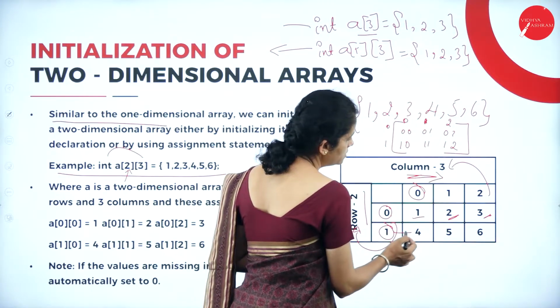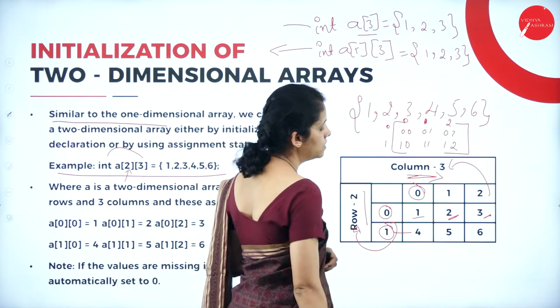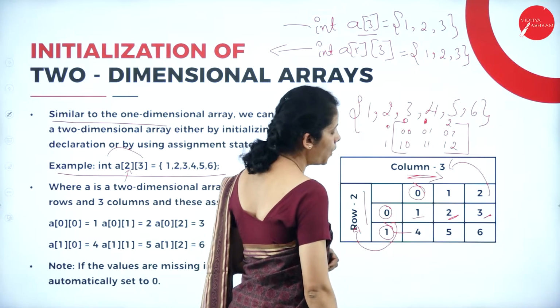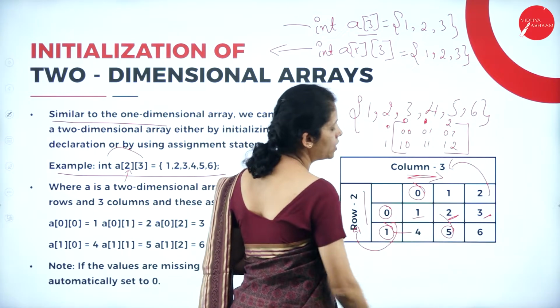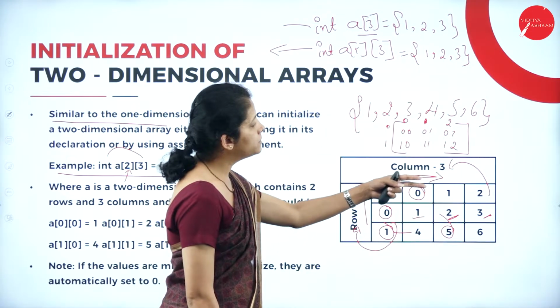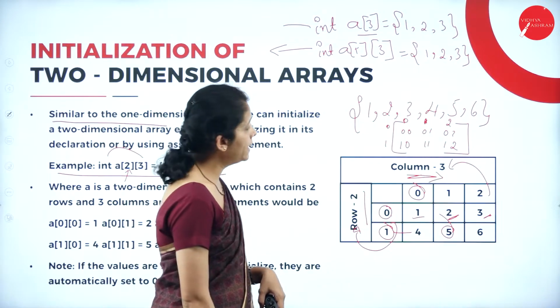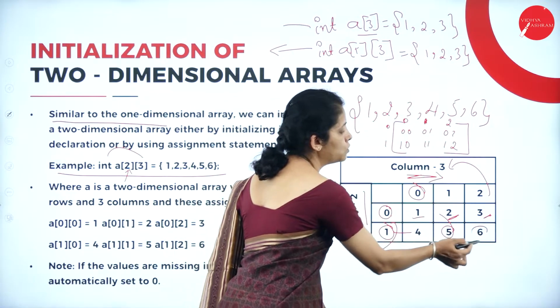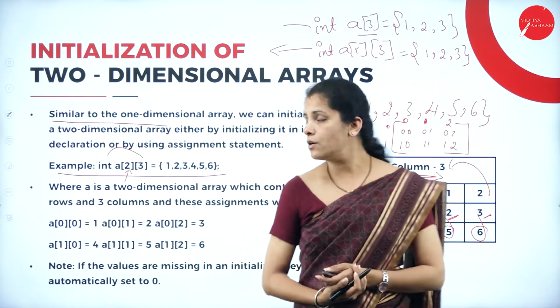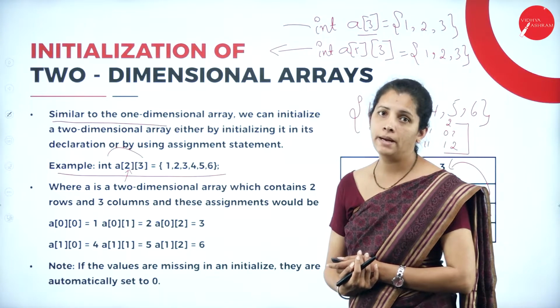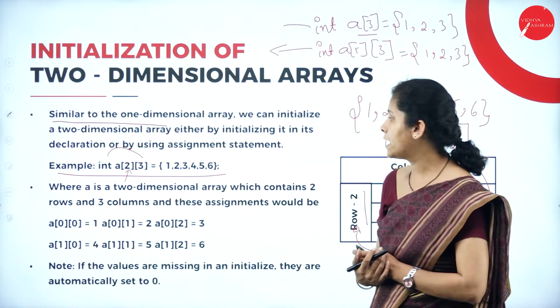At 1,0 I place 4. Now I increment the column by 1. At 1,1 I store 5. Now the column is incremented by 1, and at 1,2 I store 6. This is the way I can store the elements in my two-dimensional array.